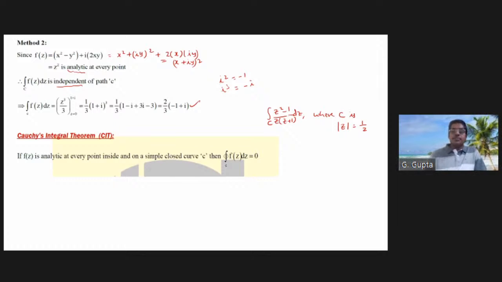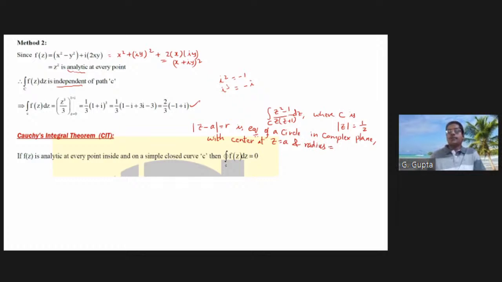Remember the circle equation. Mod z minus a is equal to r is the equation of a circle in the complex plane, with center at z is equal to a and radius equal to r.